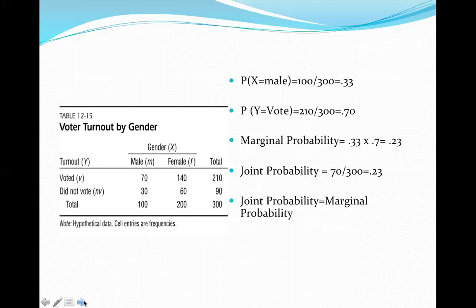So in this example, our joint probability, that actual probability, matched our marginal probability. And that's showing complete statistical independence. In this example, gender and voting are statistically independent.